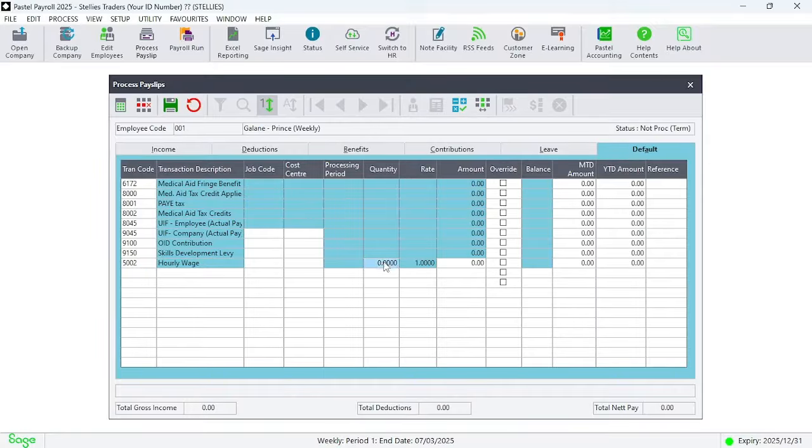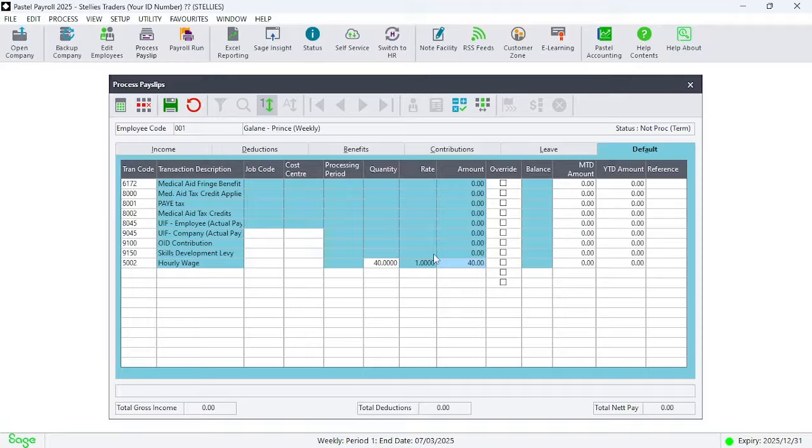There it is, worked 40 hours because that is the work week. And we'll notice that now there is no amount that we worked with, and the rate per hour is not stated.